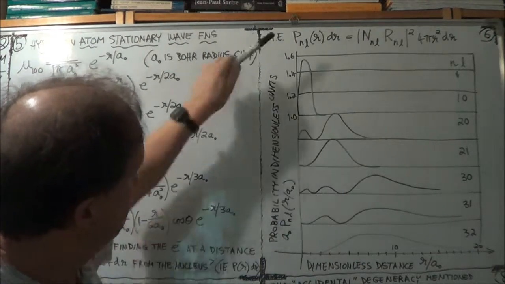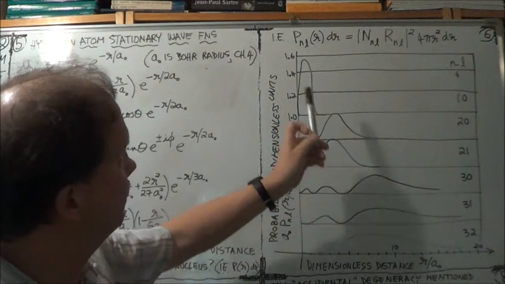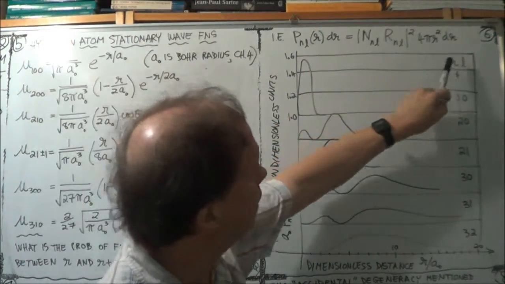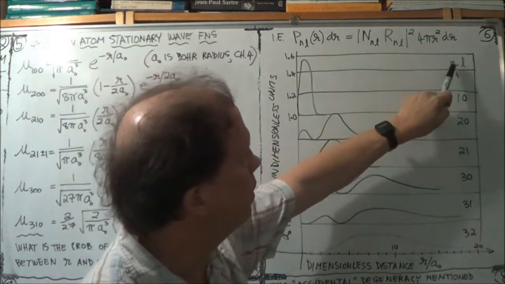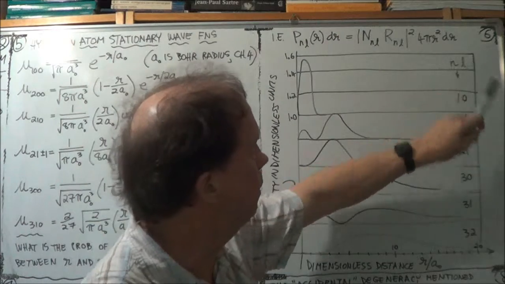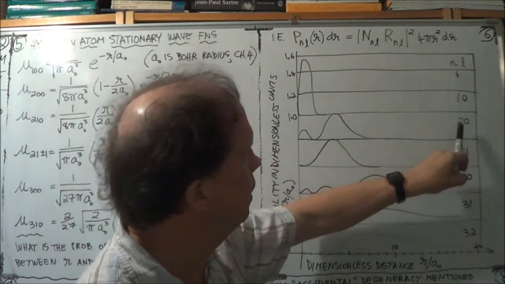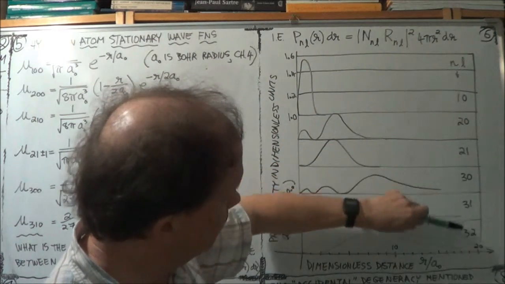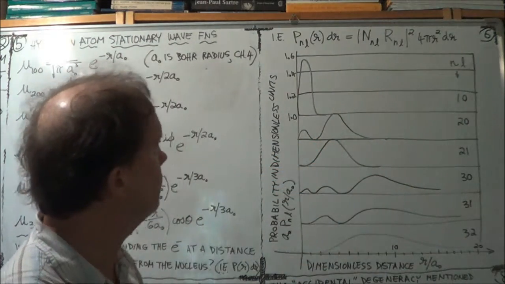Now here are some graphs for different cases of wave functions for given n and l. So here n is 1 and angular momentum l is 0, n is 2, angular momentum is 0, and so on. So 1, 2, 3, 4, 5, 6 cases.